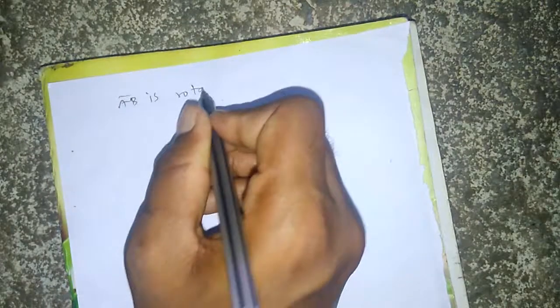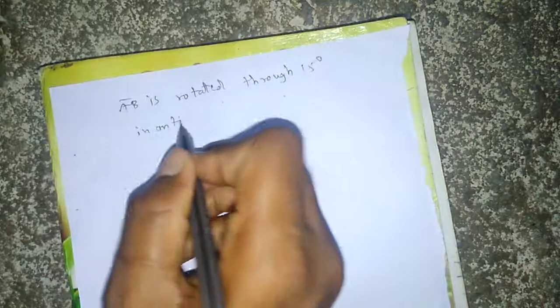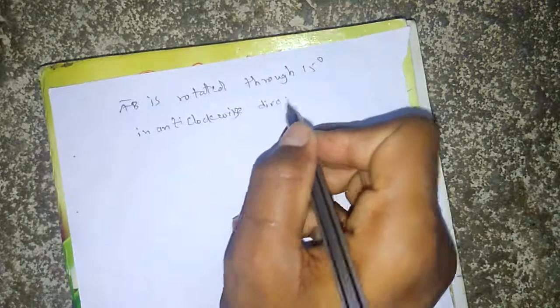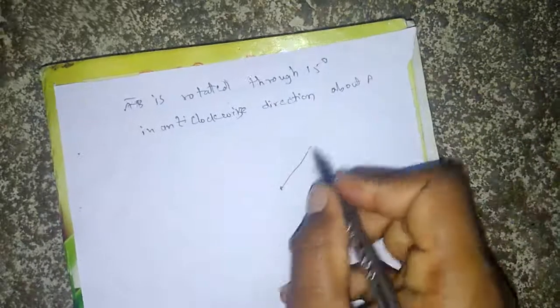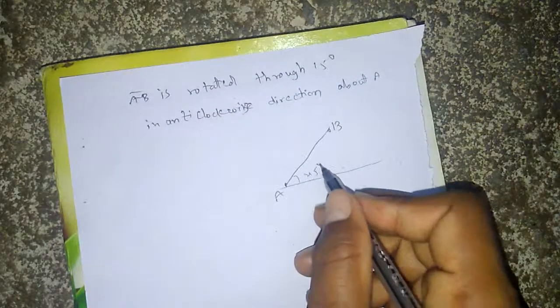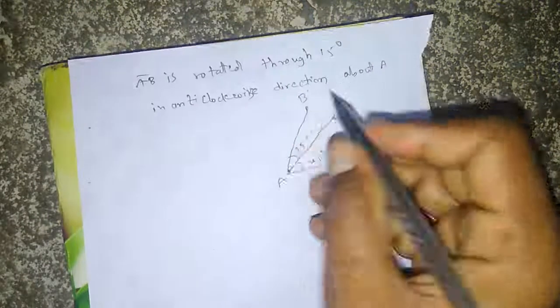Now AB is rotated through 15 degrees in anti-clockwise direction about A. So this is the initial position AB. It makes 45 degrees. It is rotated through an angle 15 degrees. This is the final B dash.